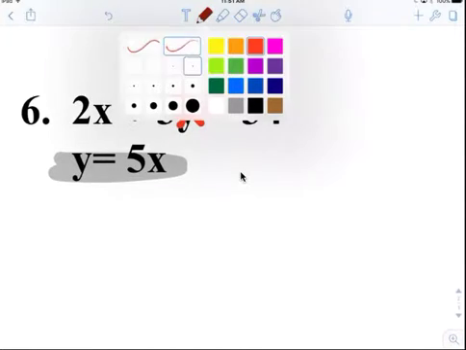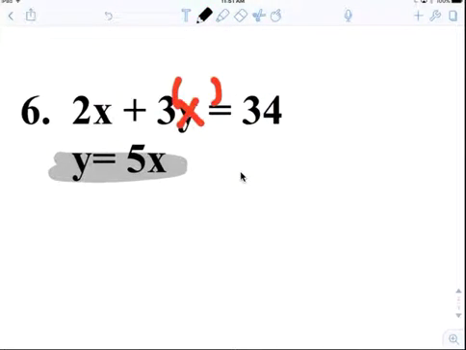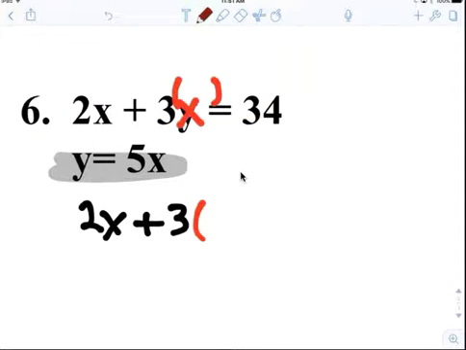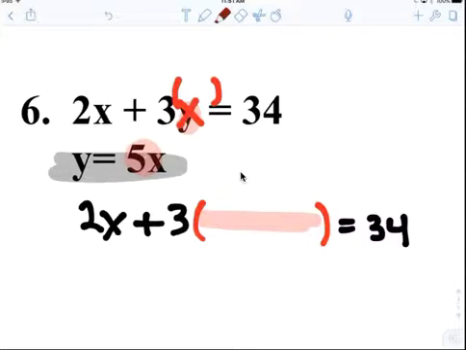So you copy what you see: 2x plus this 3 and that parentheses there, and then that equal to 34. And then you take this number here, the y equals, and substitute it into where this one was, which is in here. That's 5x.